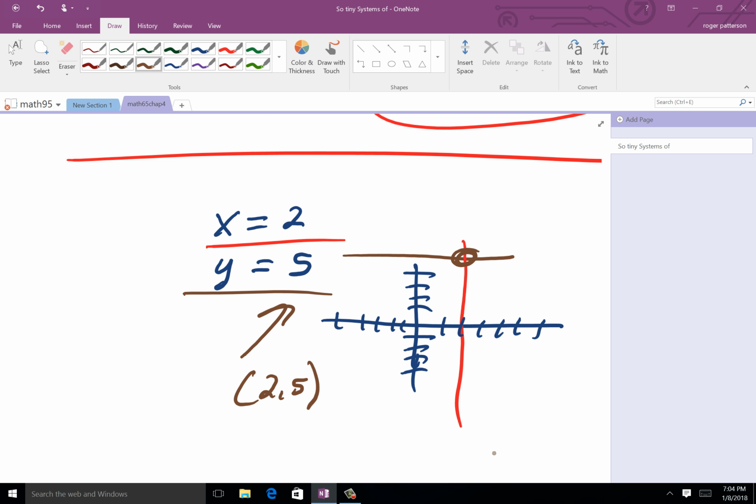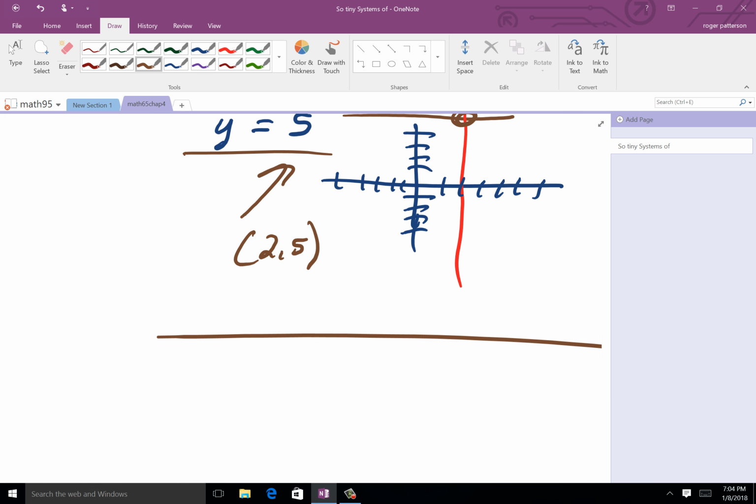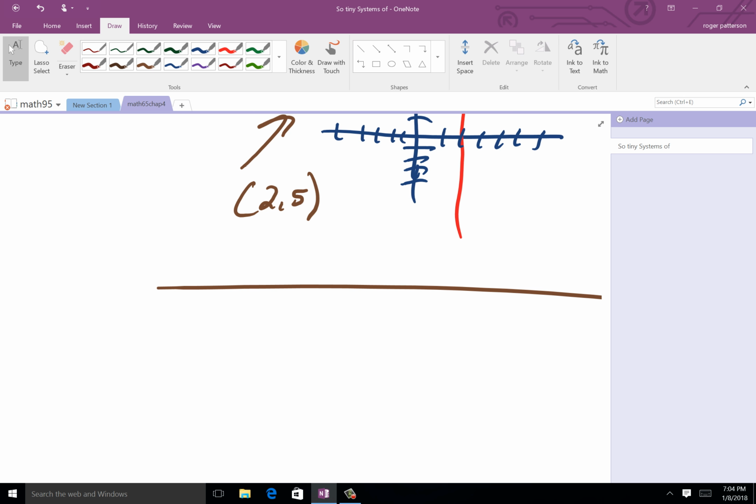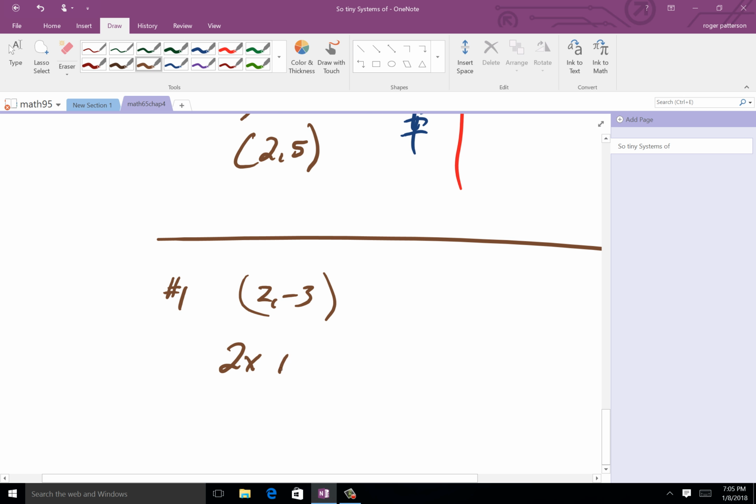Let's do one of these and then I'll get you out of here. I know some of you don't have books, but I'll just do one. Number 1 says (2, negative 3), and it gives you two equations: 2x plus 3y equals negative 5 and 7x minus 3y equals 23.